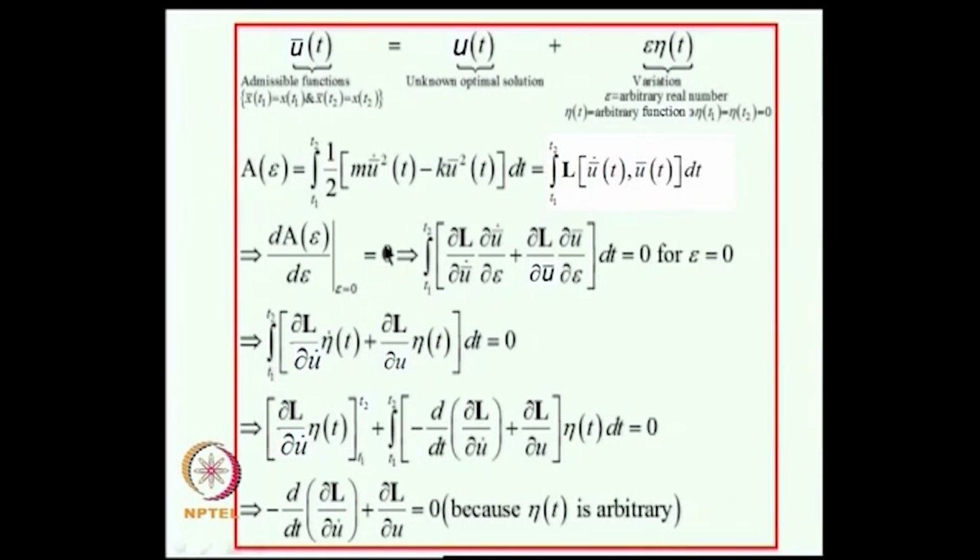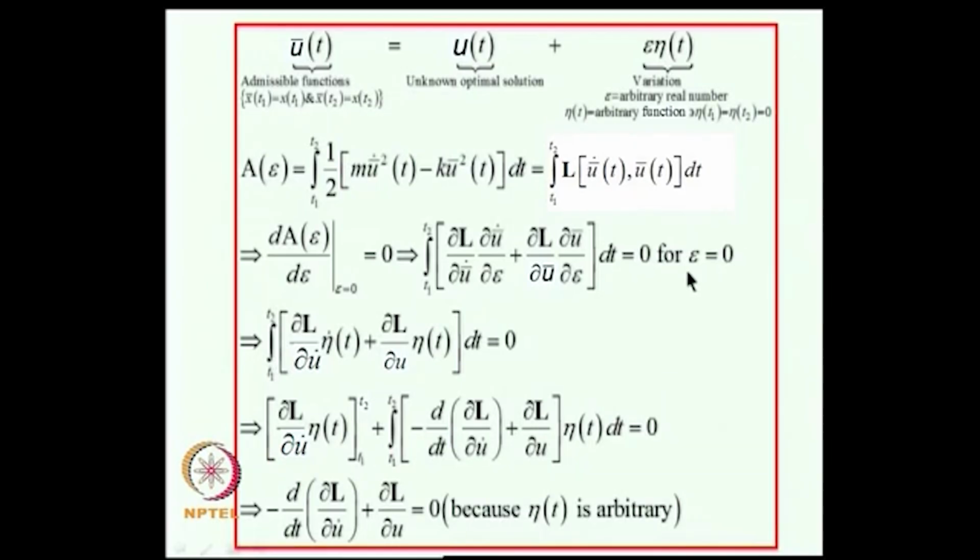Now, if you implement that, I have to differentiate this with respect to epsilon. So, L is a function of u bar dot and u bar. I will differentiate that with respect to u bar dot and then u bar dot with respect to epsilon, and similarly with respect to u bar. And this is 0 for epsilon equal to 0.